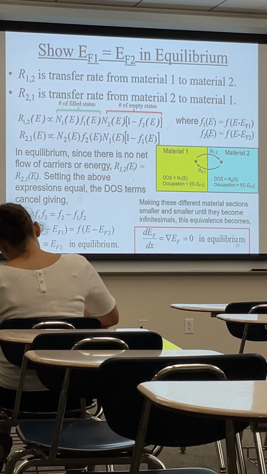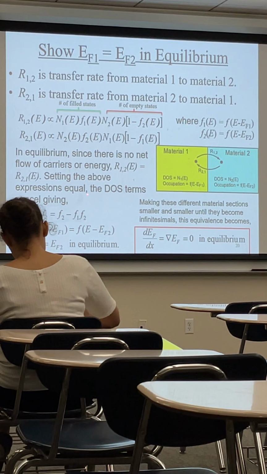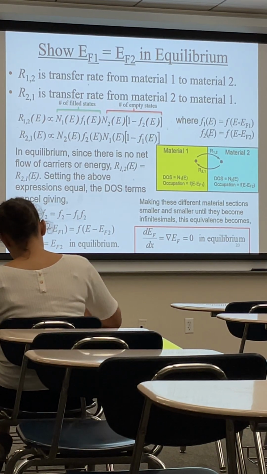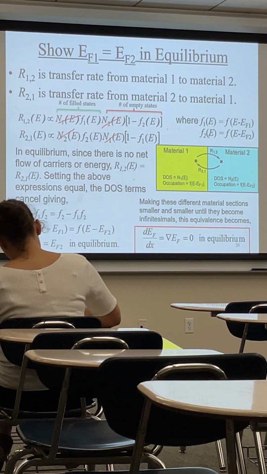So in equilibrium, these two transfer rates will be the same, so we can set the expressions equal. The density of states terms cancel, because we have both N2 and N1 in these two expressions.